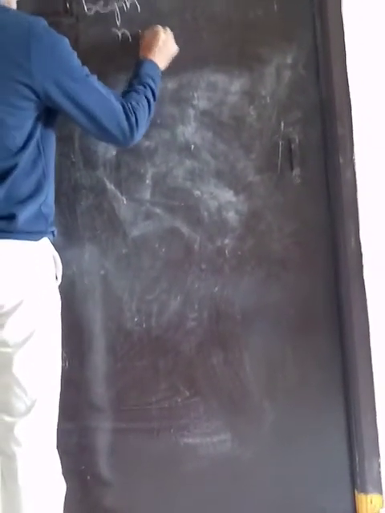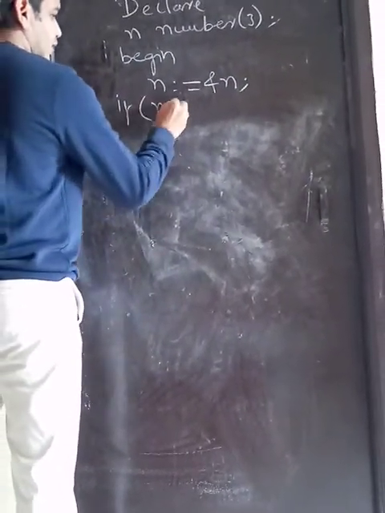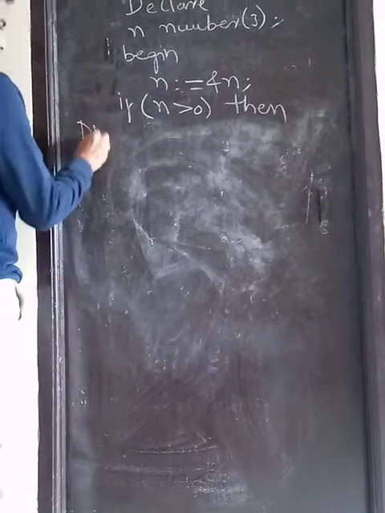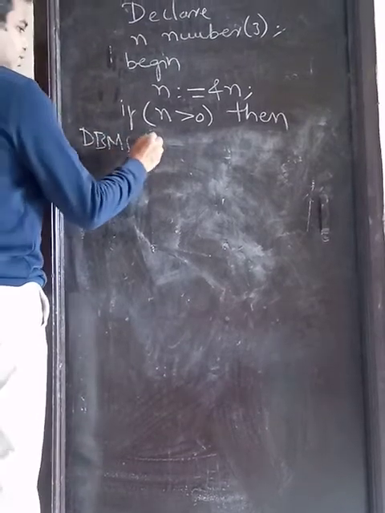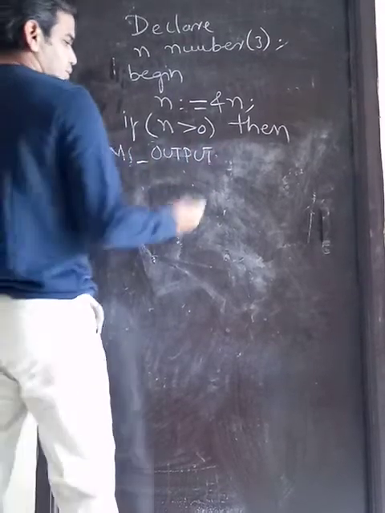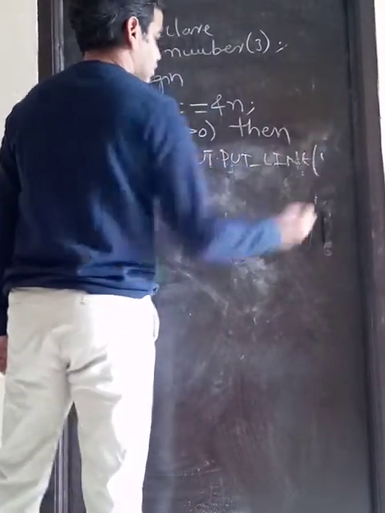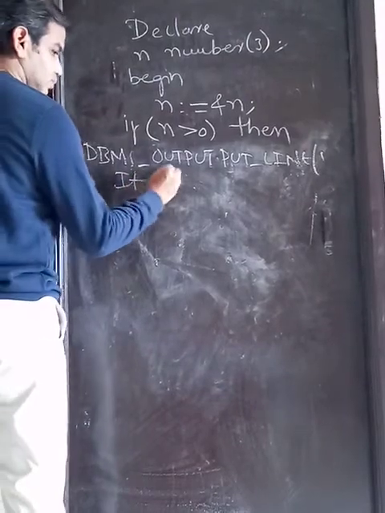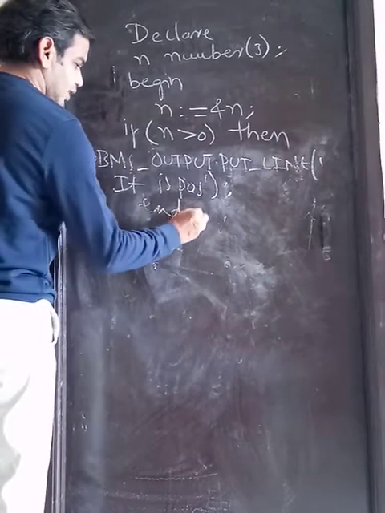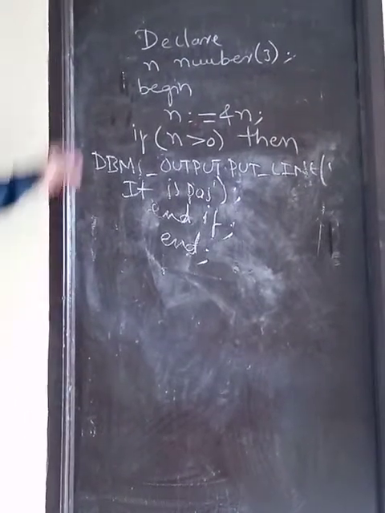N value I am entering at runtime, and then if n greater than 0, then dbms underscore output dot put underscore line. So it is positive. So if is there, so I am terminating with end if. Then end. This is the PLSQL program.